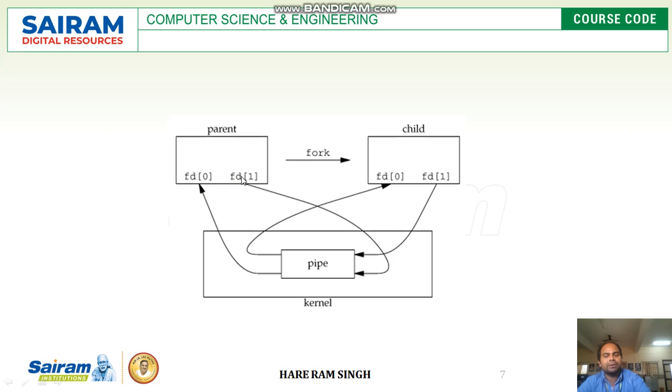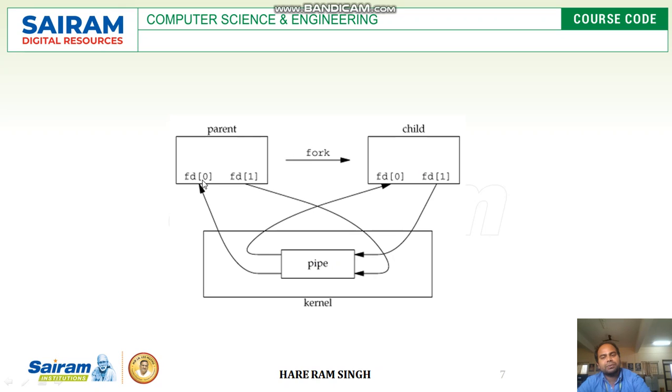In the parent process, fd0 will be closed, and using fd1 the parent process will write the data into the pipe. Since the child process has to read the data, it will read from fd0. So in the child process fd1 will be closed and fd0 will be used to read the data of the pipe.